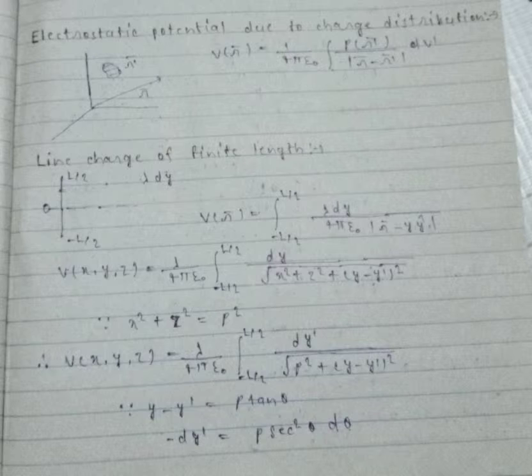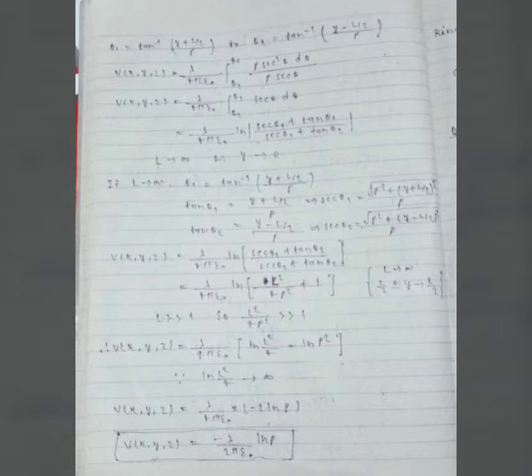To perform the integral, let me write y minus y prime equals rho tangent theta, so that I have minus dy prime equals rho secant square theta d theta, and the limits are from theta 1 equals tan inverse of (y plus L by 2) over rho to theta 2 equals tan inverse of (y minus L by 2) over rho.